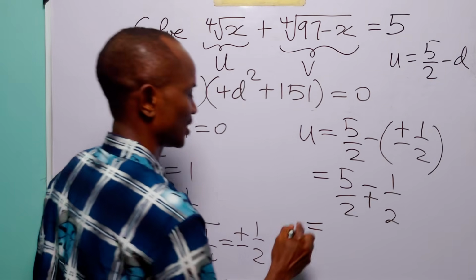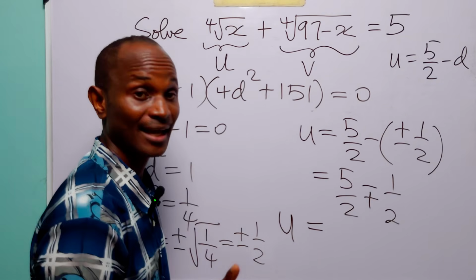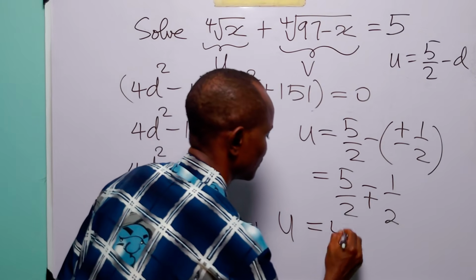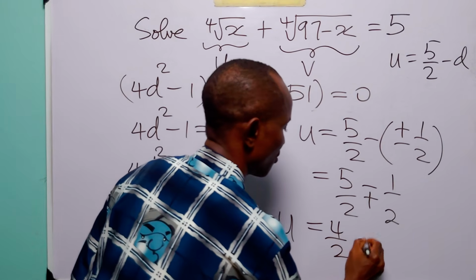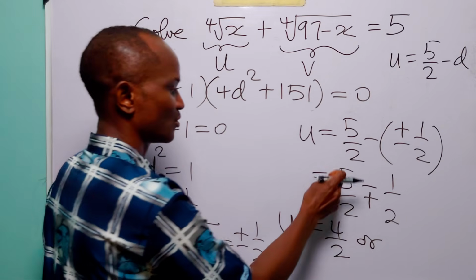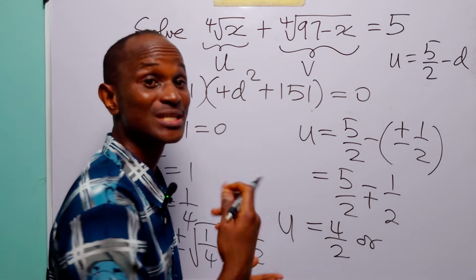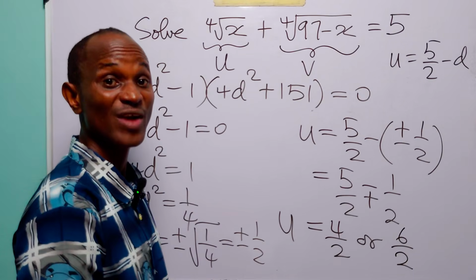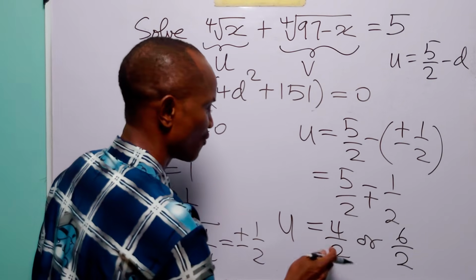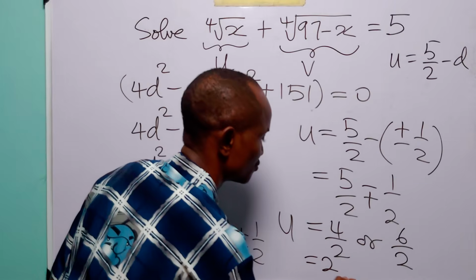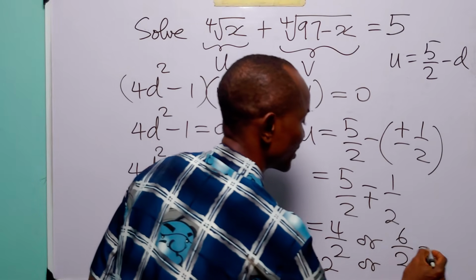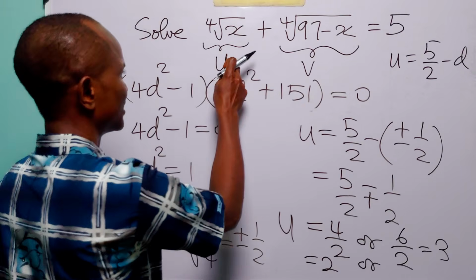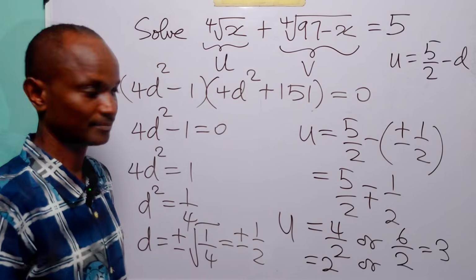This simply means that u is equal to 5 minus 1, which is 4, over 2, or equal to 5 plus 1, which is 6, over 2. So we have two values of u. That is 4 over 2, which of course is equal to 2, or 6 over 2, which of course is equal to 3.